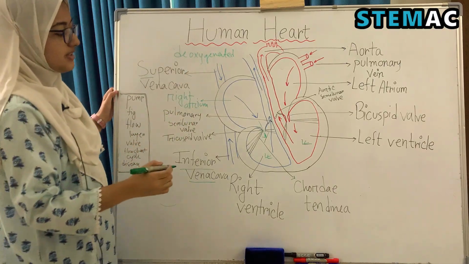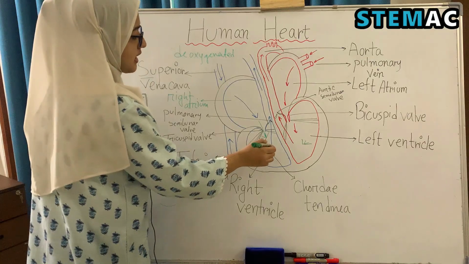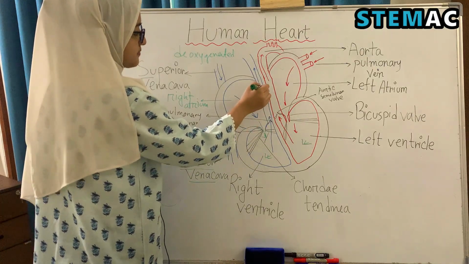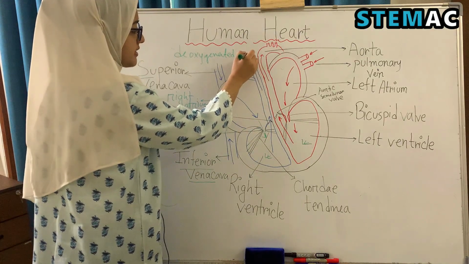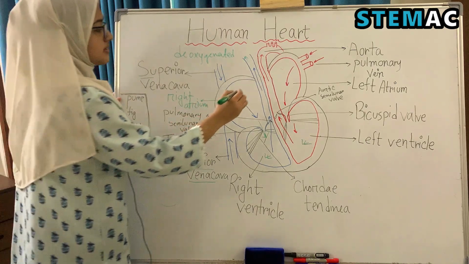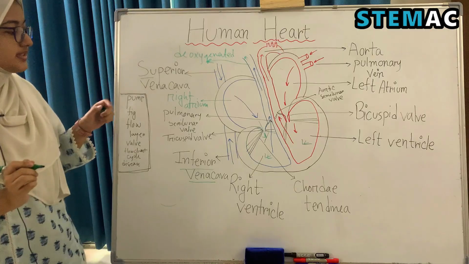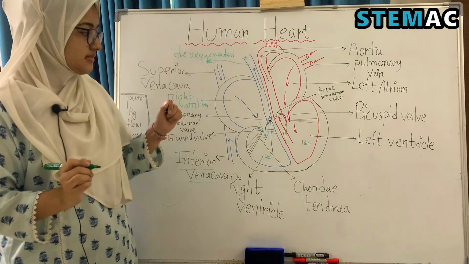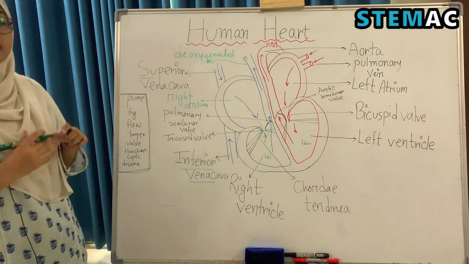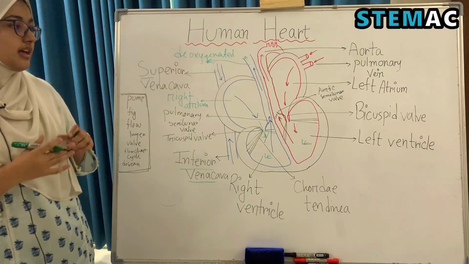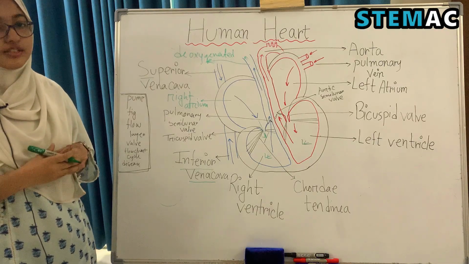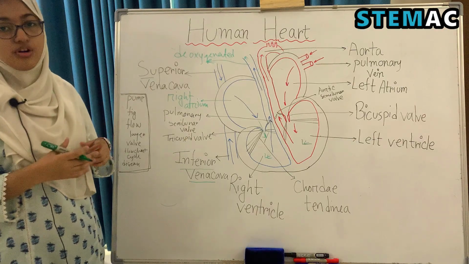So the blood then will flow towards the pulmonary artery. So this is the pulmonary artery. Then it will go towards the lungs. After the gas exchange in the lungs, the carbon dioxide filled blood will be filled with oxygen.